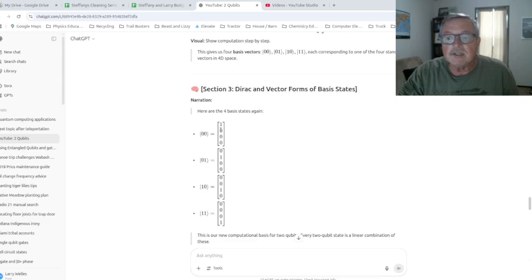So that means it's 4-dimensional. So it's quite a bit more complicated. If we go to 3 qubits, then it's 2 to the 3rd, or we're going to have 8 dimensions. And that doesn't go from 4 to 6, it goes from 4 to 8 dimensions. So it gets really complicated. So let's stick with just 2.